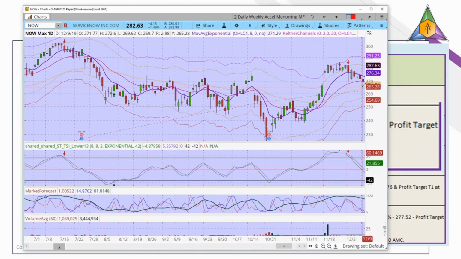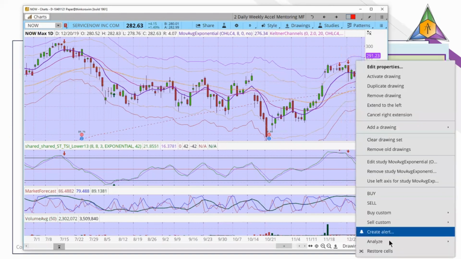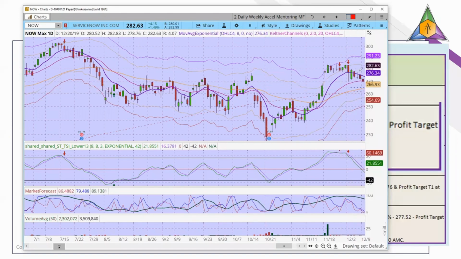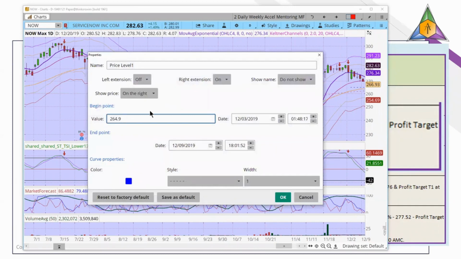So if I highlight that area, about 264.25 is where I wanted to get into this.